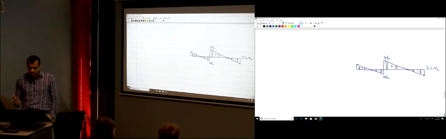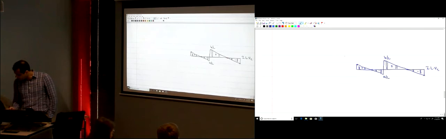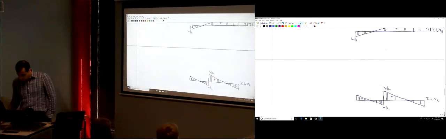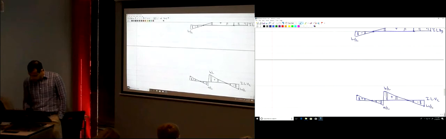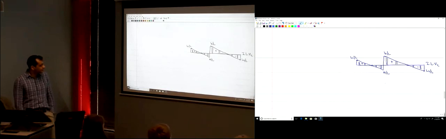If you have numbers given, you can find them by extension. Those are going to be L2 over L, and this is going to be L1 over L. So that's the influence line for the shear at point C.